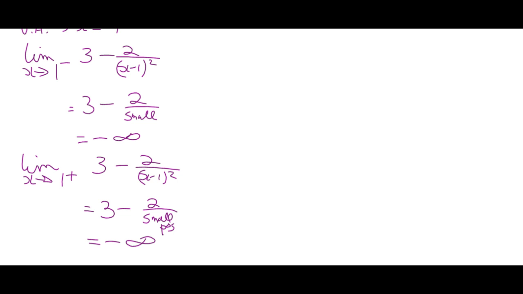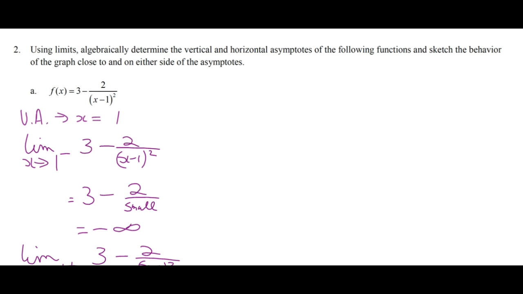And horizontal asymptote. The limit as x approaches plus or minus infinity of 3 minus 2 over (x minus 1) squared. So we're going to have infinity minus 1, and then square it, which is going to give us an extremely large number.